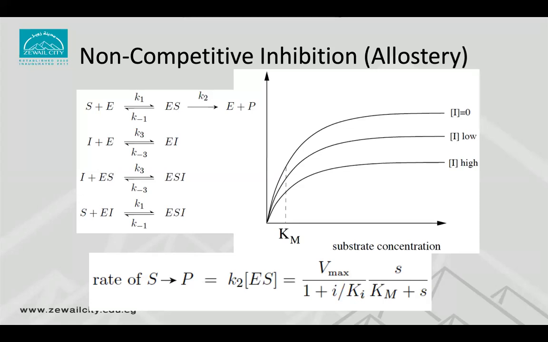So in this case the initial rate is still linear, but the plateau, the steady state rate, is reduced. And the more inhibitor there is, the greater the reduction in this plateau.